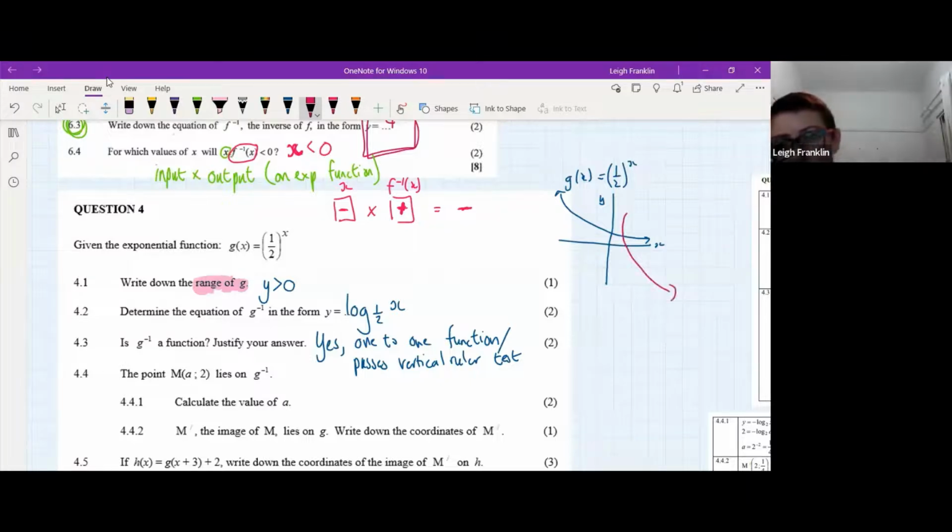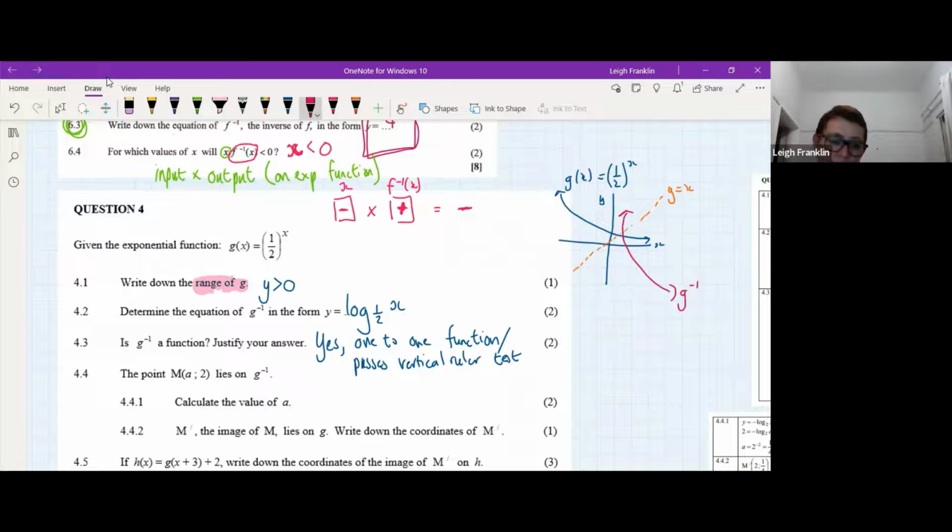Okay, it's not the best diagram, but there's our line y equals x. There's g, and here is the inverse, the reflection of g over the line y equals x.